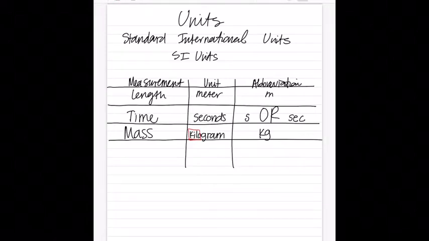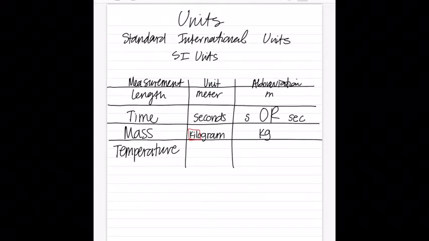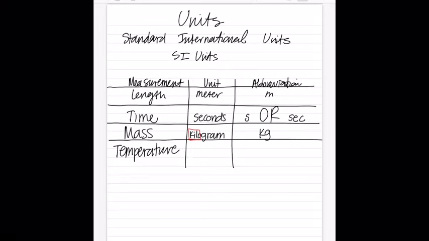Okay, the next one is temperature. Now, temperature, the one that you're probably used to, the scale for temperature is going to be Fahrenheit. So we're one of the few countries in the world that actually use Fahrenheit on a daily basis. Most countries use Celsius because it's just based off the metric system. It's a lot easier. 0 to 100 is the basic scale of Celsius.